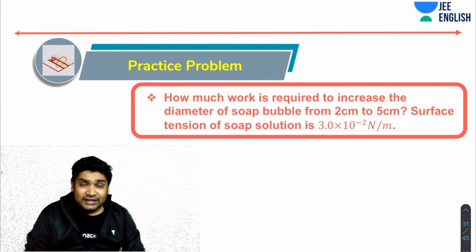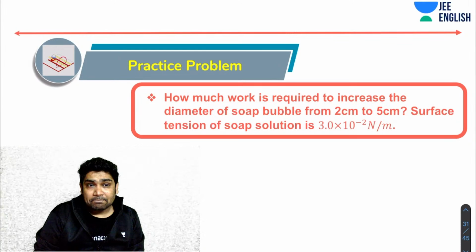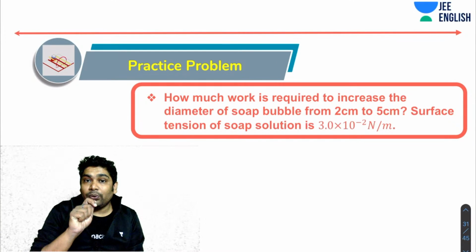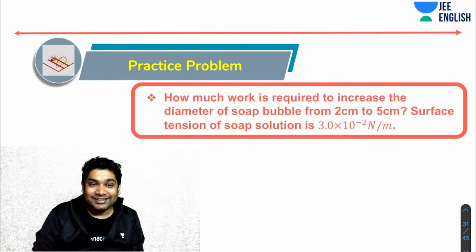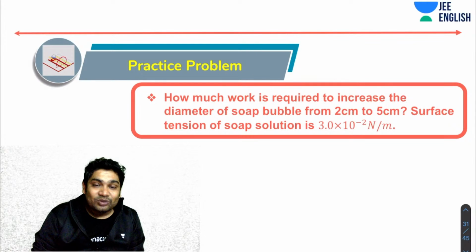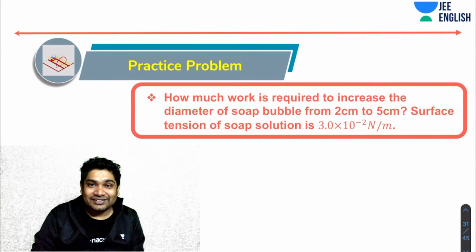What is happening when you're increasing the diameter of the bubble? You have to blow air into it to increase the diameter, so you have to apply a force and do some work. Where is that work going?